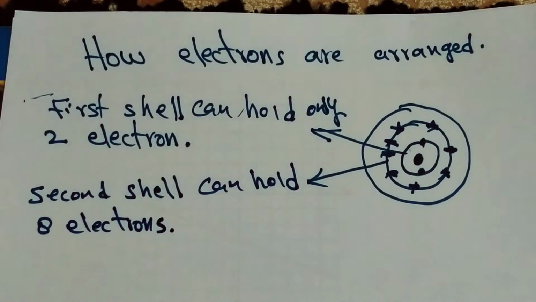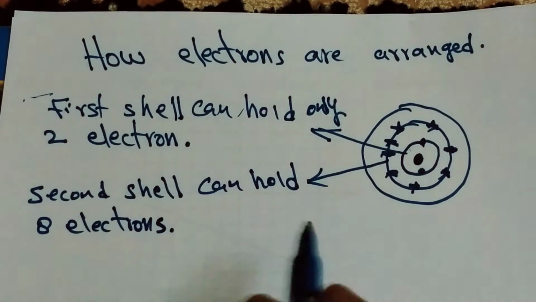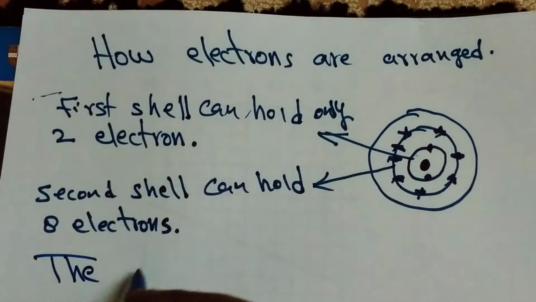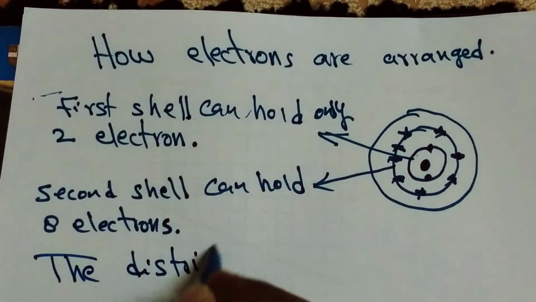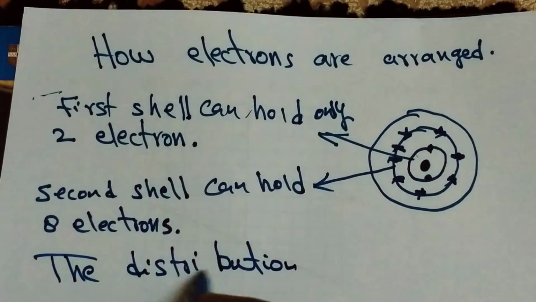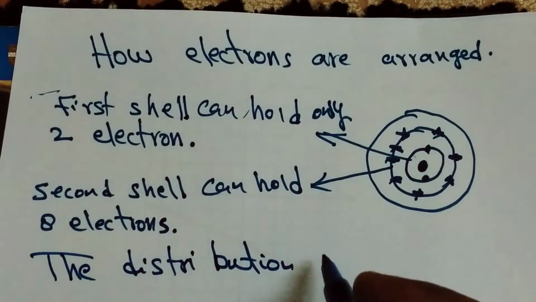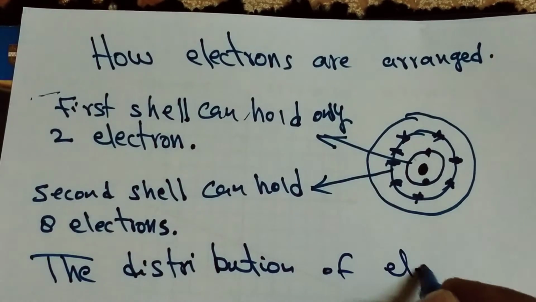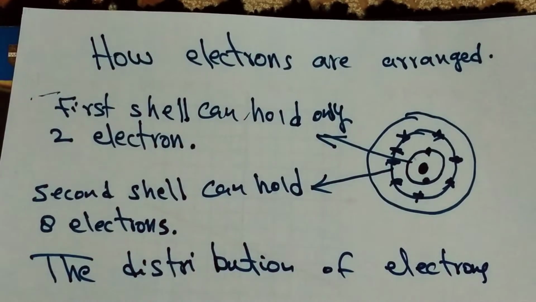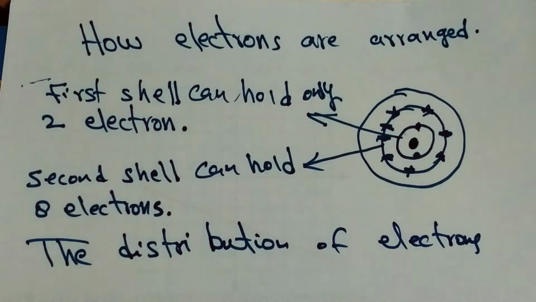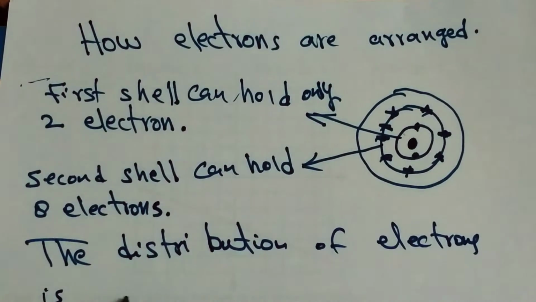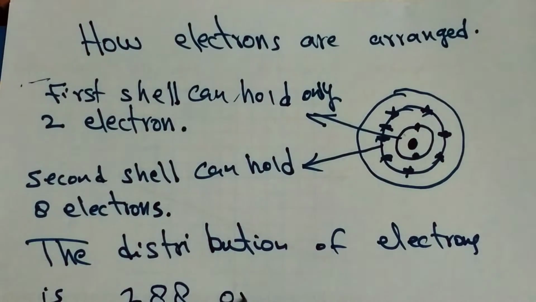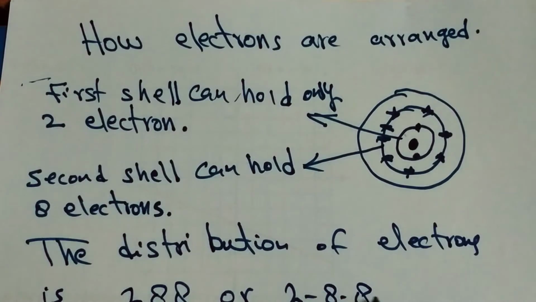Understand, my dear? So this is the distribution, the distribution of electrons in an atom. The distribution of electrons is 2, 8, 8, like that.